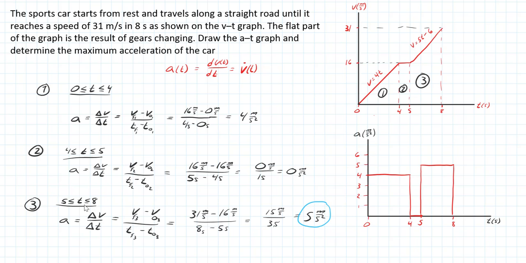We know that the equation from 0 to 4 seconds is given to us as velocity is equal to 4t, and so we could just take the derivative. So what we could have done is said acceleration with respect to time could have just been equal to d/dt of our 4t. And when we take the derivative of 4t, we just get 4 meters per second squared. Exactly the same as we had before.